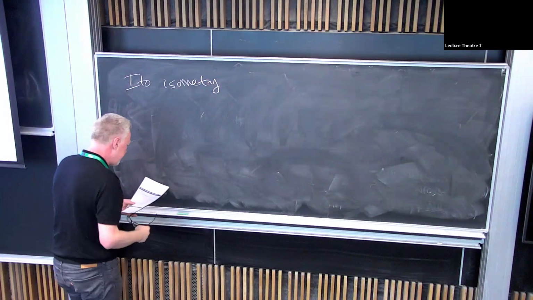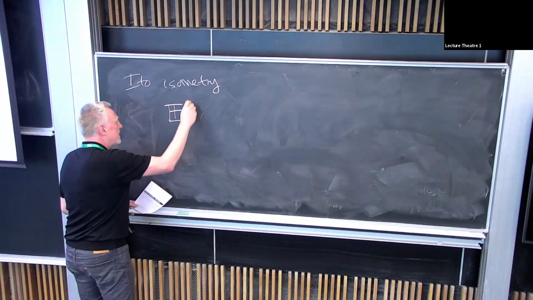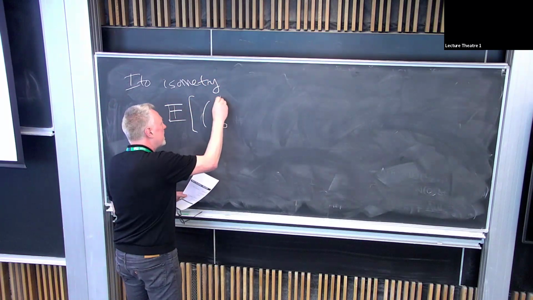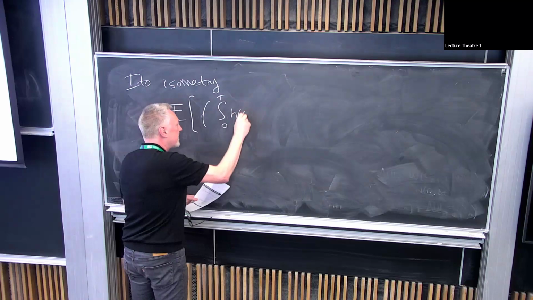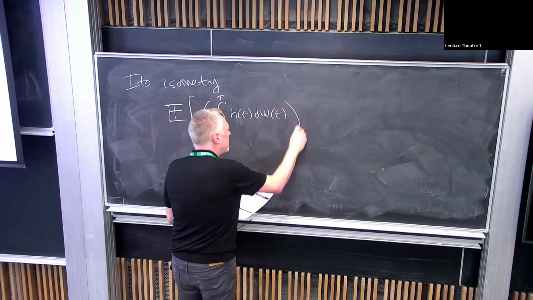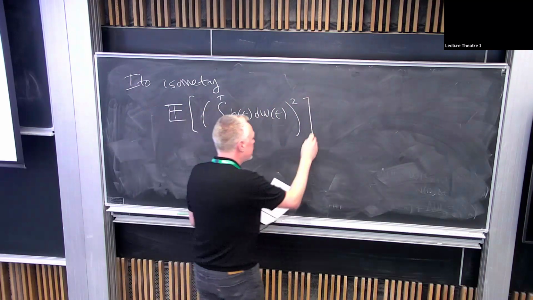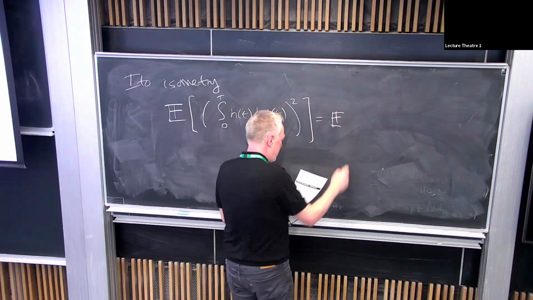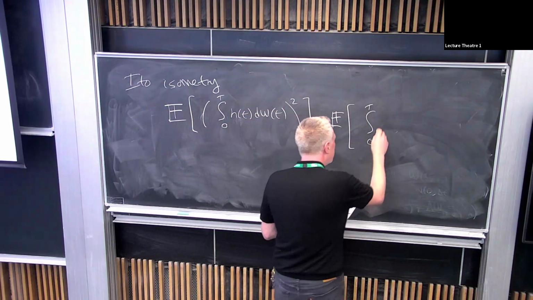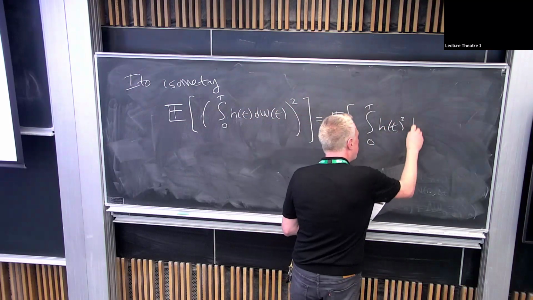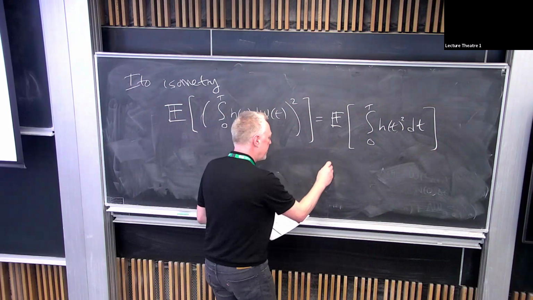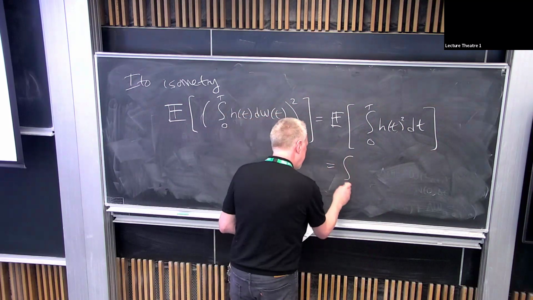One version tells you that the expected value of the integral of some process is just the expected value of that quantity. And again, if we swap the expectation and the integral, that's just integrating the second moment.